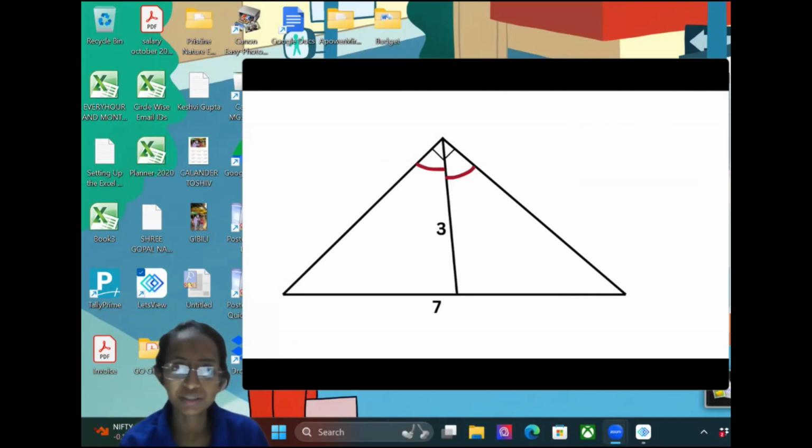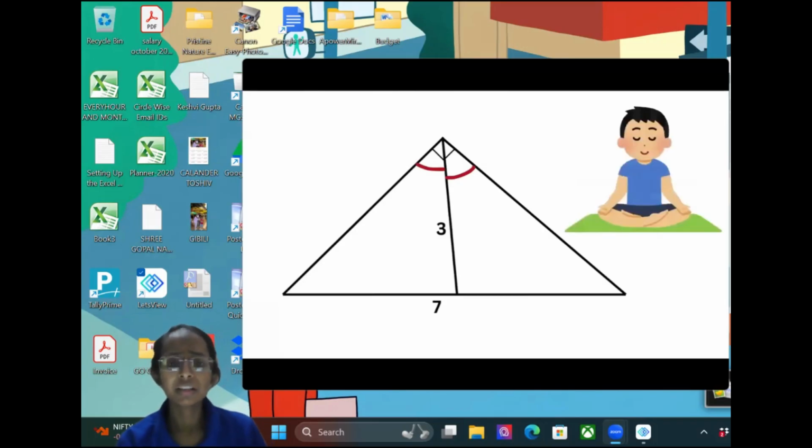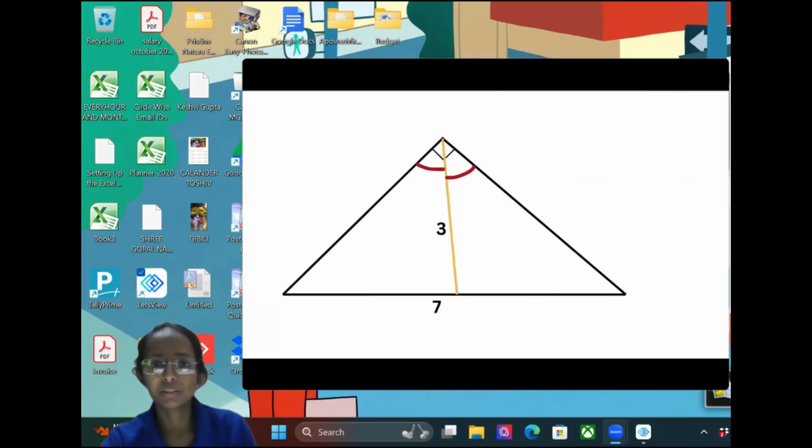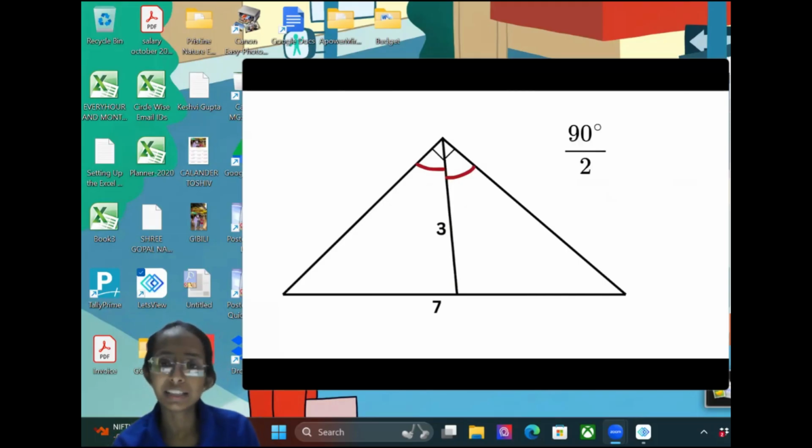Now, first of all, we see over here a very easy method to solve this question. First we know that this line is bisecting the right angle. That means it is dividing the 90 degrees into equal parts. So each angle is 45 degrees.